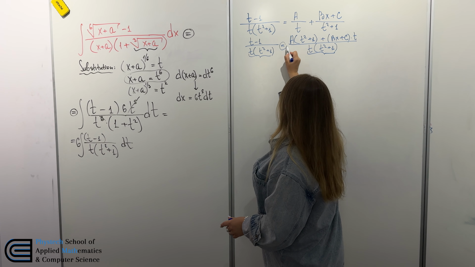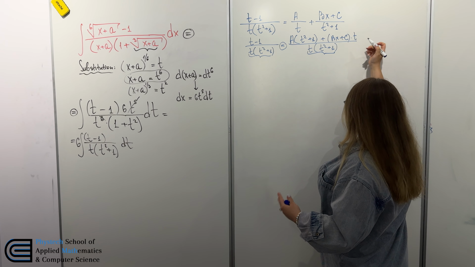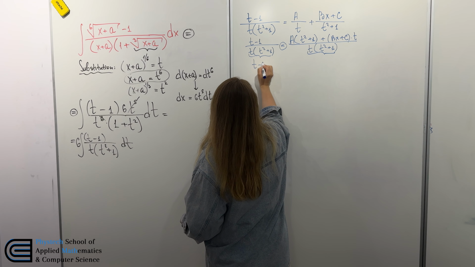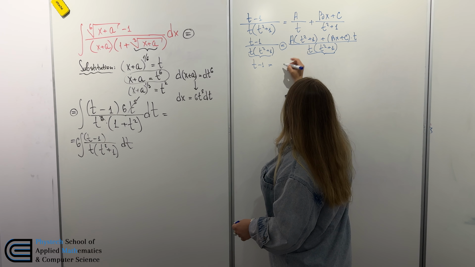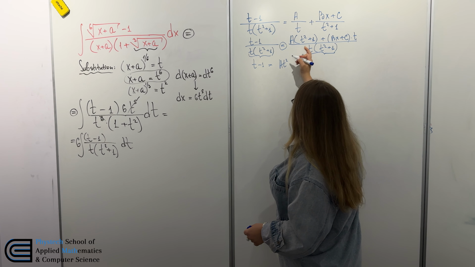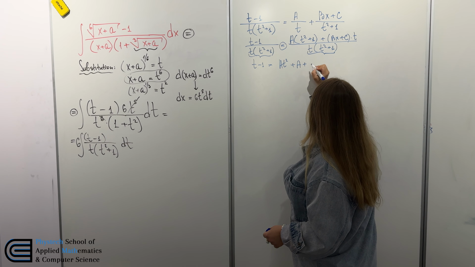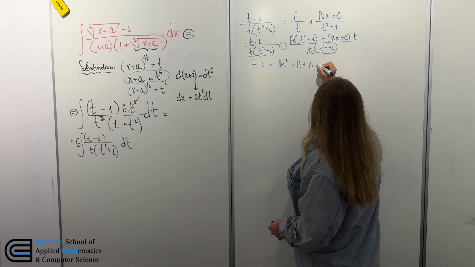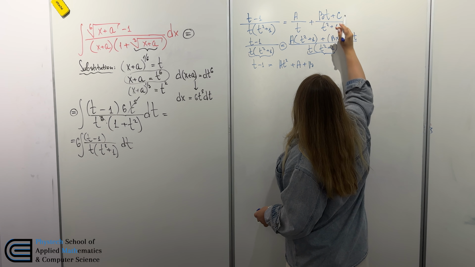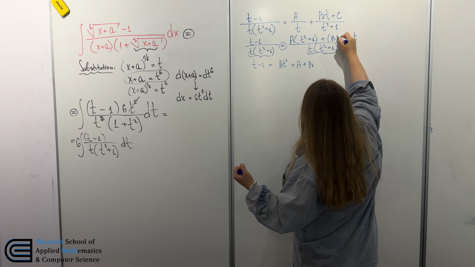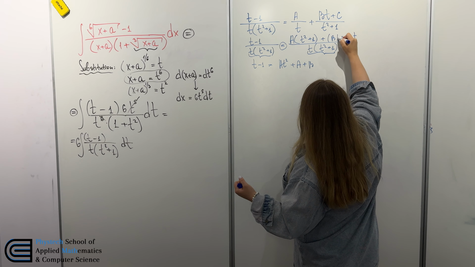So we have an equation, which means that t minus 1, this numerator, equals a multiplied by t squared plus a, plus b t squared plus ct. Here not x, I'm so sorry, of course we substituted our x's, it is t.